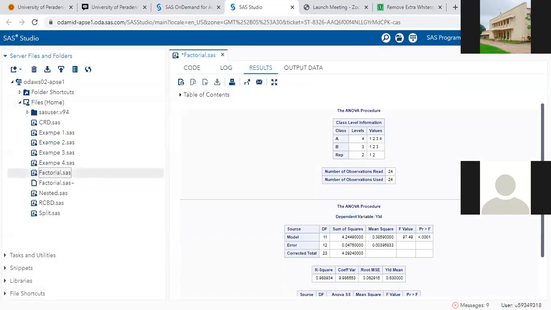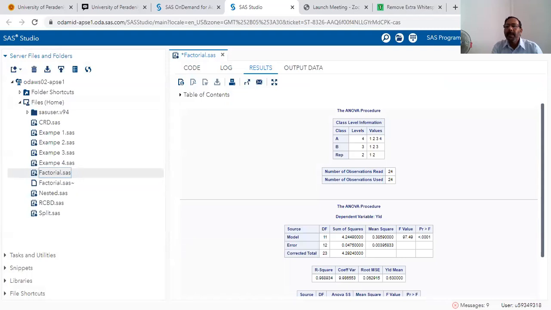So you see the answer is there. We can describe each table. The first table, as you all know, usually comes in other cases also, the basic information. What are the different levels of factor A, the classified variable A? Four levels are there: 1, 2, 3, 4.